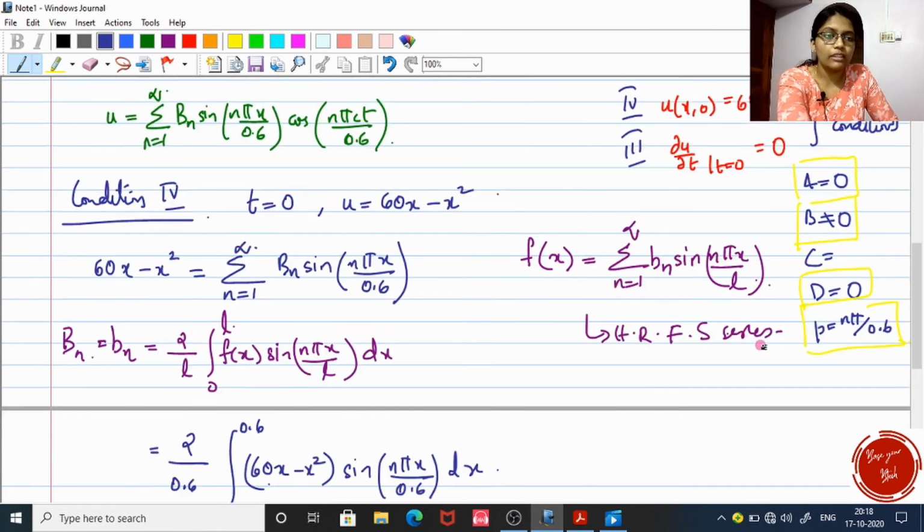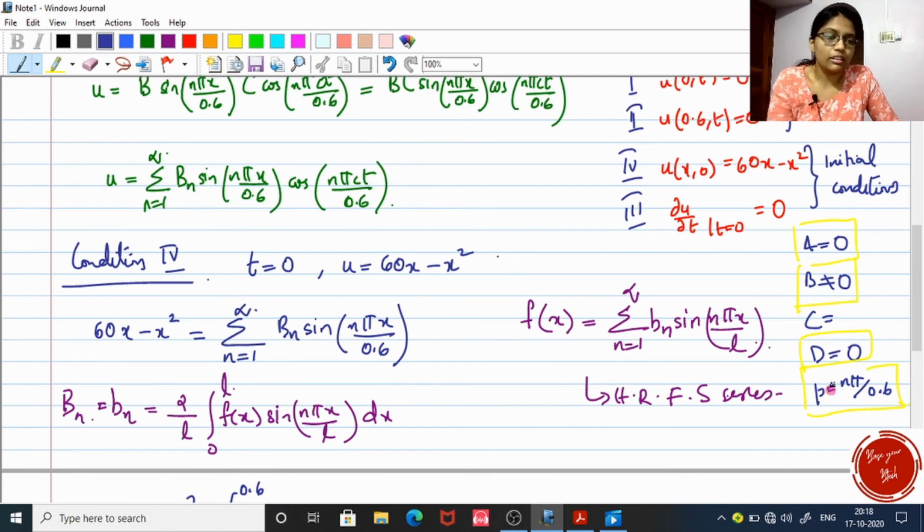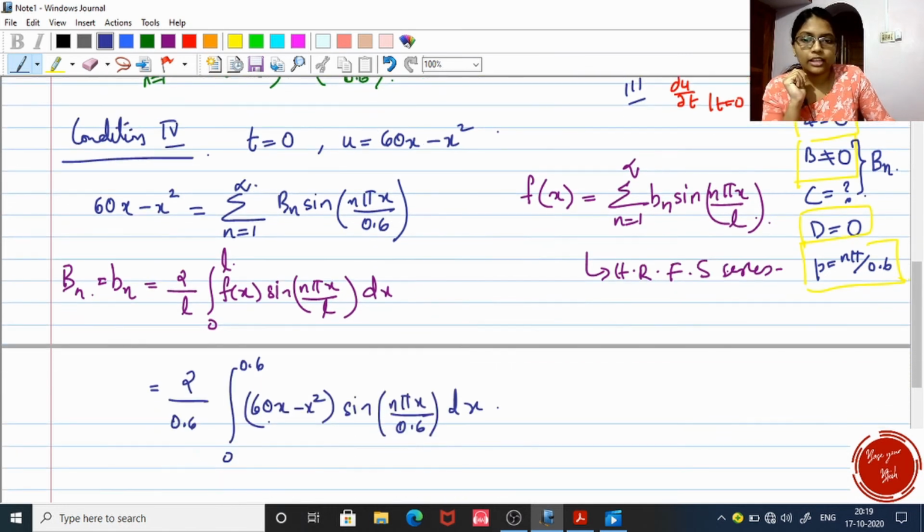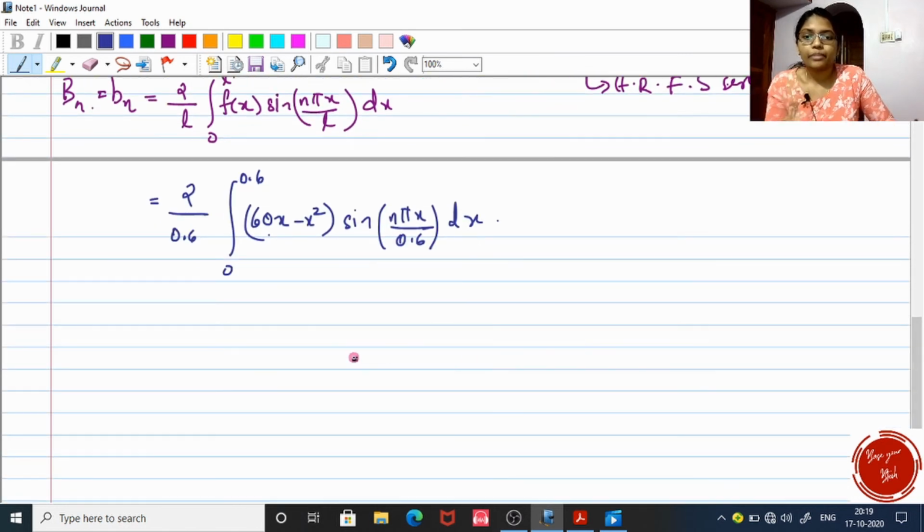So here we have clubbed up all the conclusions, that is a equal to 0, b not equal to 0, and c is yet to be found out, and d is obviously 0, p is also ready. But b is not equal to 0, that's all, yet we need to get the value for b, isn't it? So what we do is we just combine b and c together and get the value for bn. Okay, so let's continue doing the integration part.